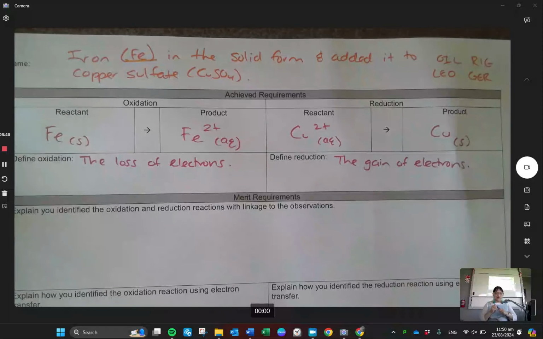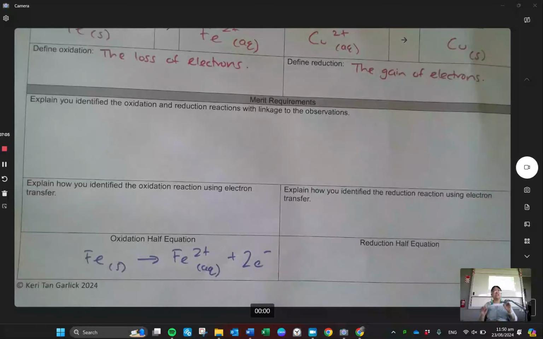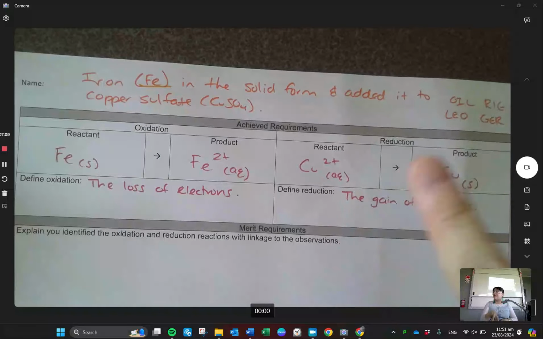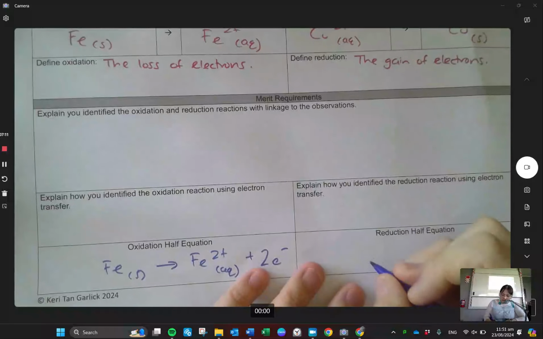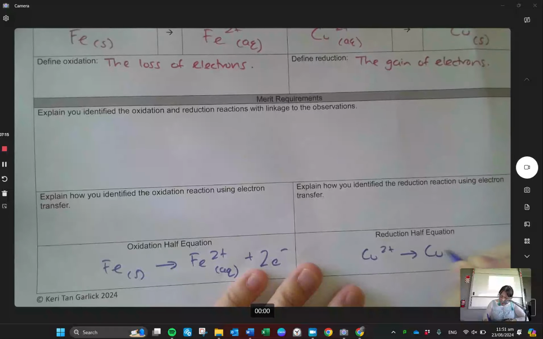Okay, so let's now talk about equations, and let's also talk about observations and how we link it. So we need to justify our results and how we know that this is a redox reaction and who's doing what. So let's start with the reduction half of the equation just to make sure that I've correctly identified this reaction and I have it the right way around. So I'm going to write my Cu2+ going to Cu.